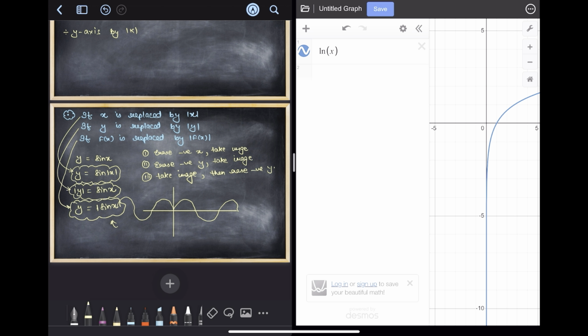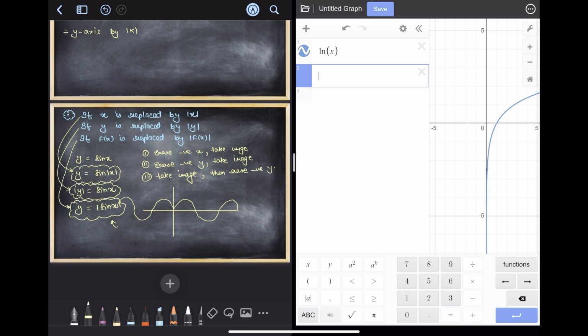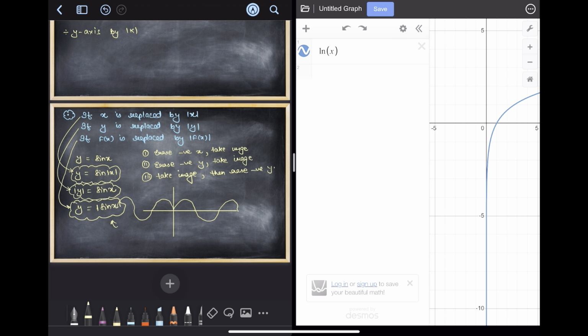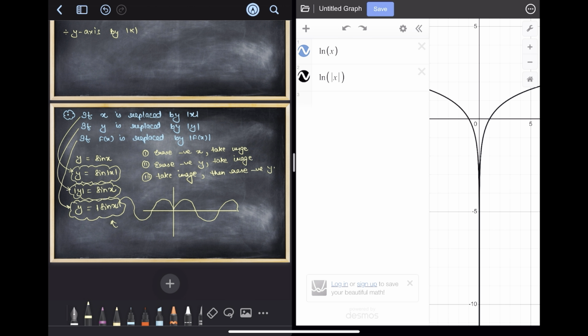So suppose that you have erased. Now you are taking image. So if you take image, this blue part will come over here. This is the final resultant ln mod x graph. This is how your graph will look like. Okay.